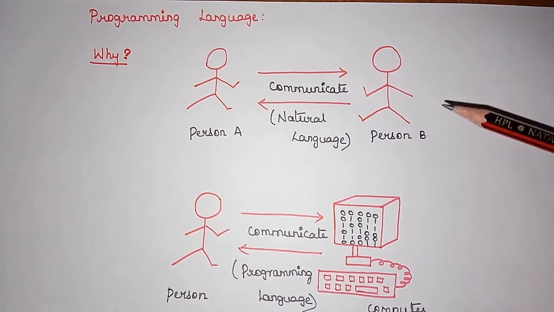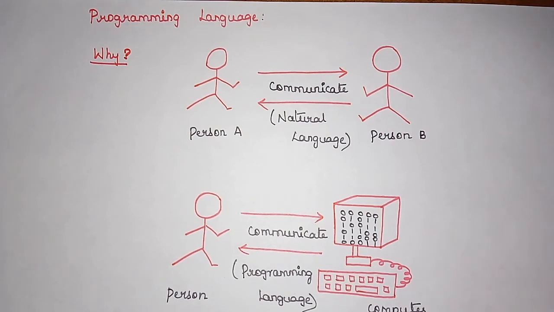In the same way, if a person wants to communicate with the system, he or she cannot directly communicate with the system with the help of natural languages. So we need some communication language between the user and the computer, and for that purpose we are going for programming languages. Here the programming languages are used as a communication medium between the person and the computer, that is, the user and the computer.